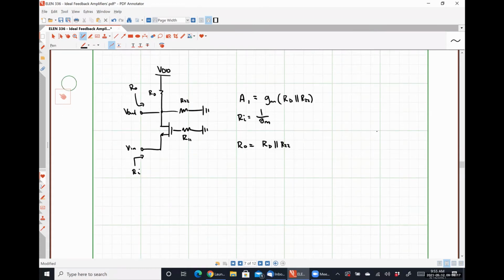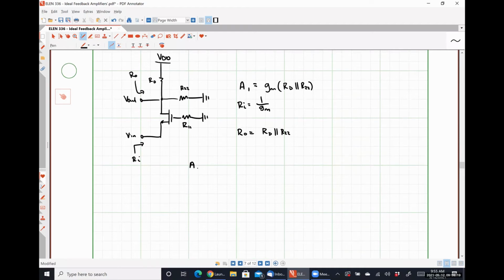So from this, our gain with feedback, AF, just to be clear, is A1 over 1 plus K A1, which is going to look like gm times RD in parallel with R22, divided by 1 plus R2 over R1 plus R2 times gm times RD in parallel with R22.